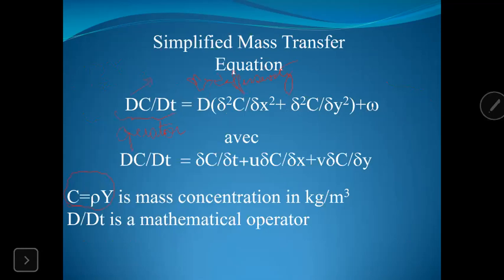D square C over dx square plus D square C over dy square plus omega. With D C over Dt equal to dC over dt plus u dC over dx plus v dC over dy, which is a mathematical operator. Understood? D over Dt is a mathematical operator.